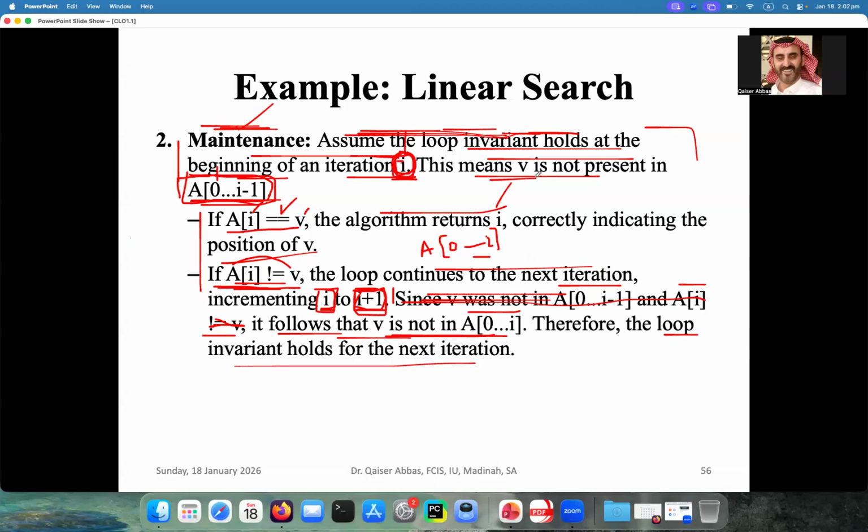V is not present up to the previous i. And that situation is also happening here. We are going to start i plus 1, which means V was not there from 0 to i. And this means the loop invariant is true for the next iteration.